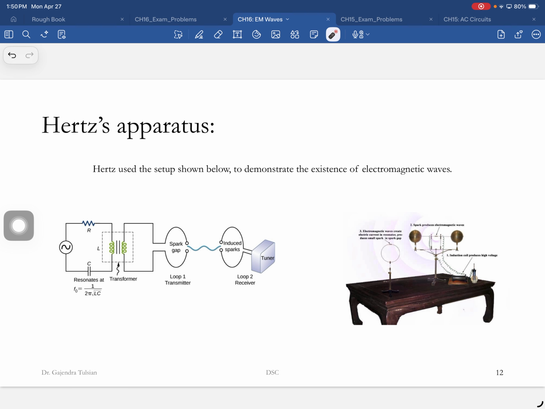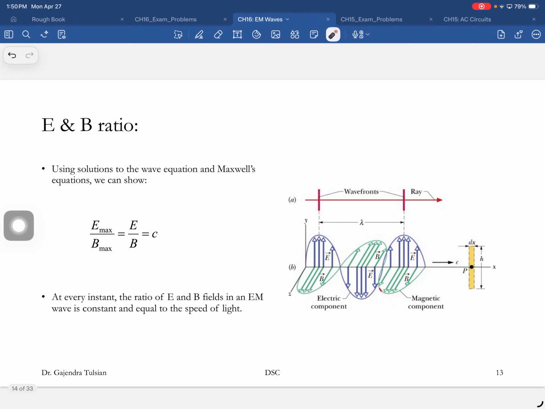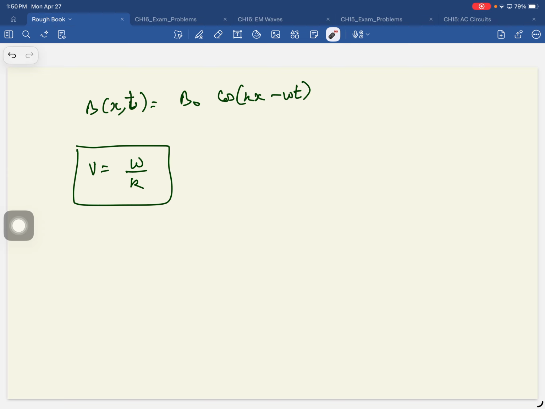Here's the electromagnetic spectrum. Visible light, UV light, X-rays, gamma rays. The shorter the wavelength, the higher the energy, and all these waves travel at the same speed. Radio waves, microwaves, infrared waves, they all travel at the same speed, 3 times 10 to the power of 8 meters per second in vacuum.